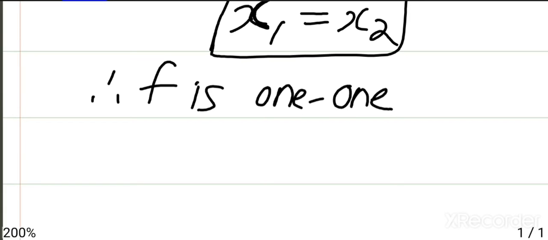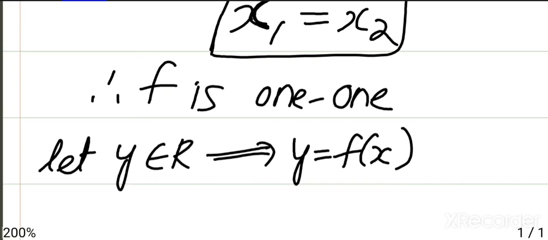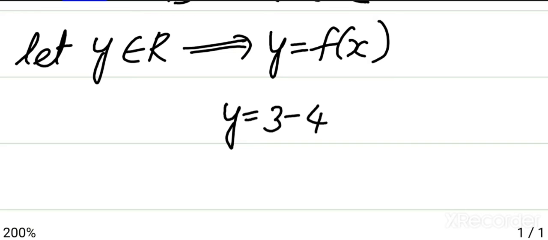Now to prove it is onto, let y belong to R, which implies y equals f of x. Now they have given y equals 3 minus 4x.